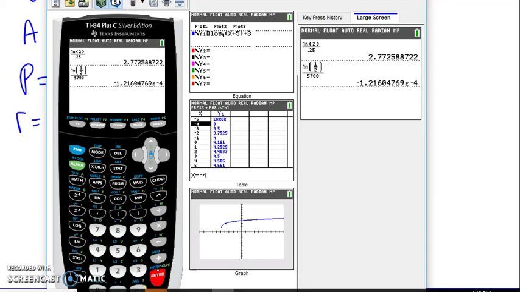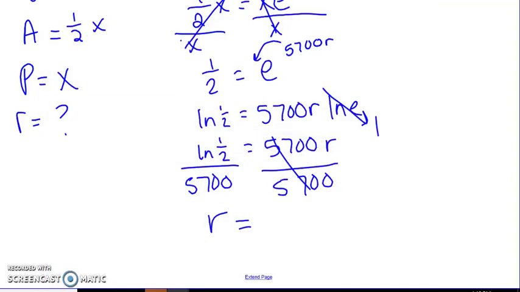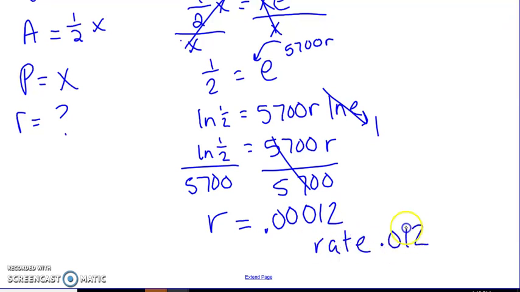Press enter, and we get about negative 1.26, and we have that negative 4 out here on the outside, which tells me I need to move my decimal place to the left 4 units. So I get 0.00012, so about a rate of 0.012% decay.